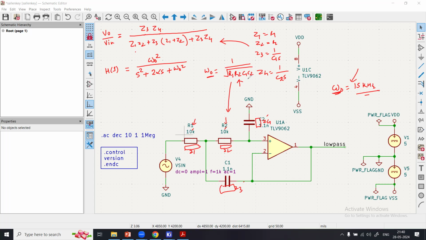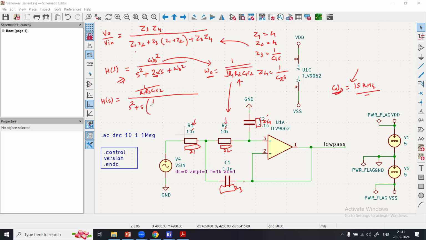What I can do is write this expression again. I know that the value of omega naught is given right here. So this expression will be written as H of s equals 1 over R1 R2 C1 C2, taking the square of both sides, divided by s square plus s times 2 alpha, where alpha is the attenuation factor.